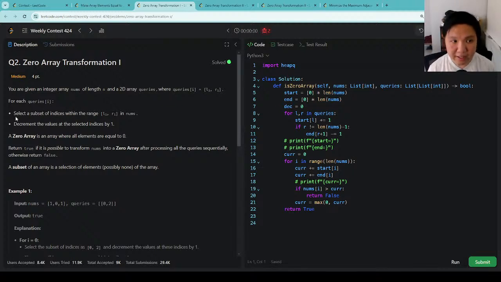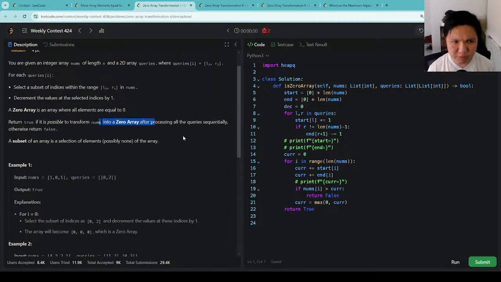For each query, select a subset of indices within nums and decrease the values at the selected indices by 1. So basically for each query, L and R, go from L all the way to R and decrease all their values in nums by 1. And the question here is, once you're done with the queries, do you get 0?